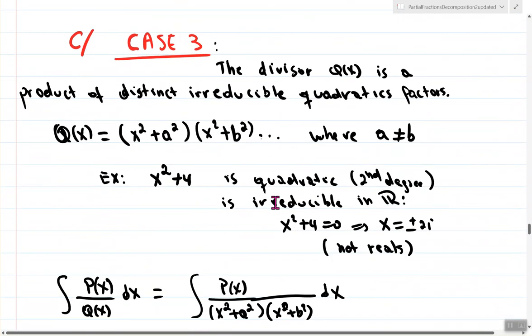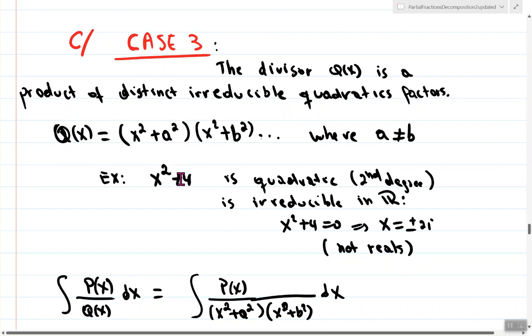In case 3, Q of x is a product of distinct irreducible quadratic factors. x squared plus s squared is called a quadratic factor. It's irreducible because, for example, take x squared plus 4, where s squared is 4.